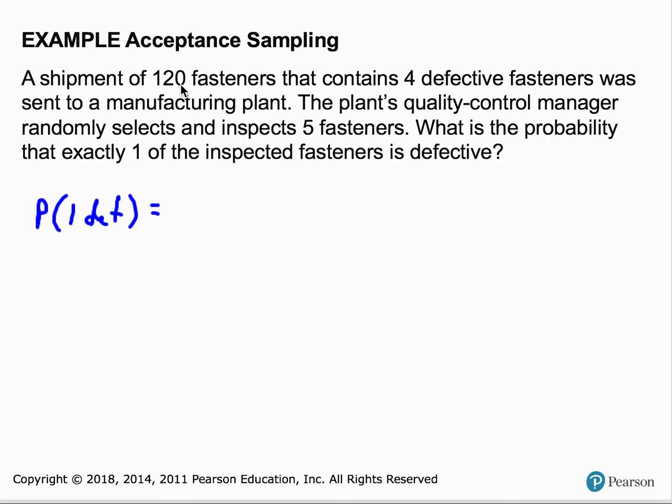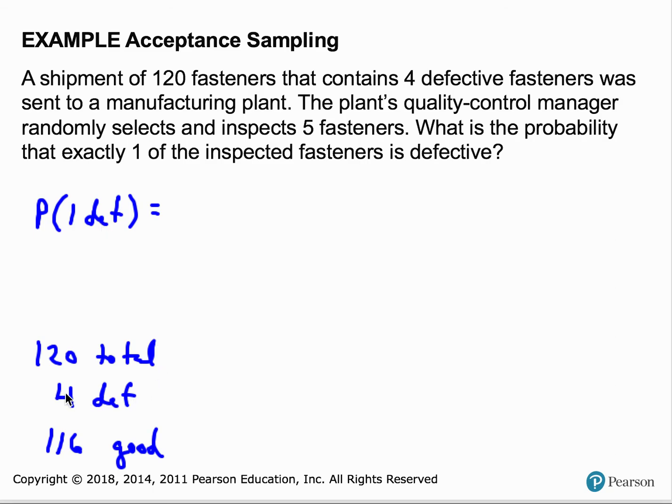Okay, we got 120 fasteners, 4 defective. So let's put it down here. 120 total, which gives 4 defective, which means there's 116 good ones. We want to know what's the probability that we're only choosing 1 defective.